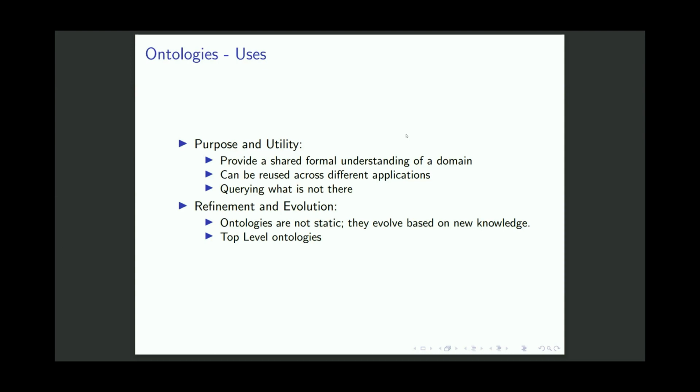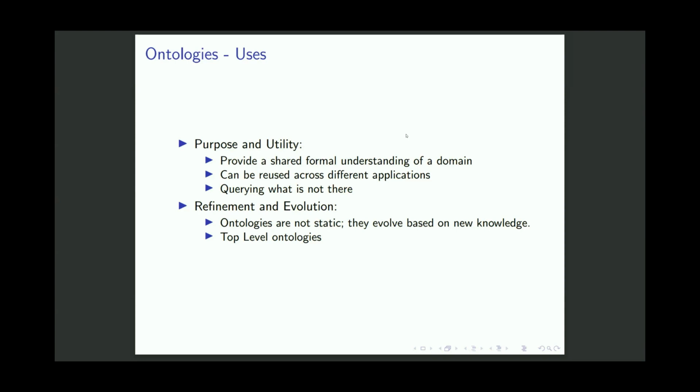A big part of what makes ontologies and description language, which is the formal way of defining them, important is that we can query something that is not explicitly stated. For example, if we have a dog in our ontology, we can query for mammals, and since we know dogs are mammals, we will get the dog as an instance, even though it's not explicitly a mammal.